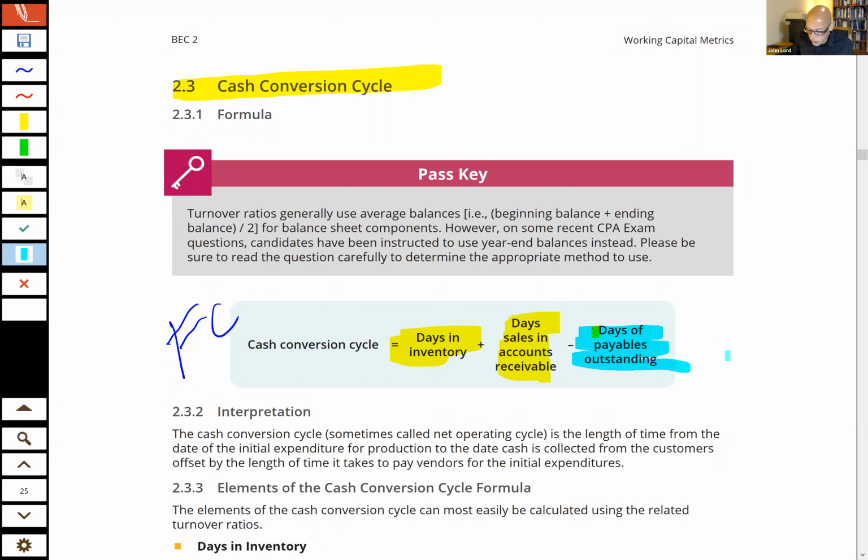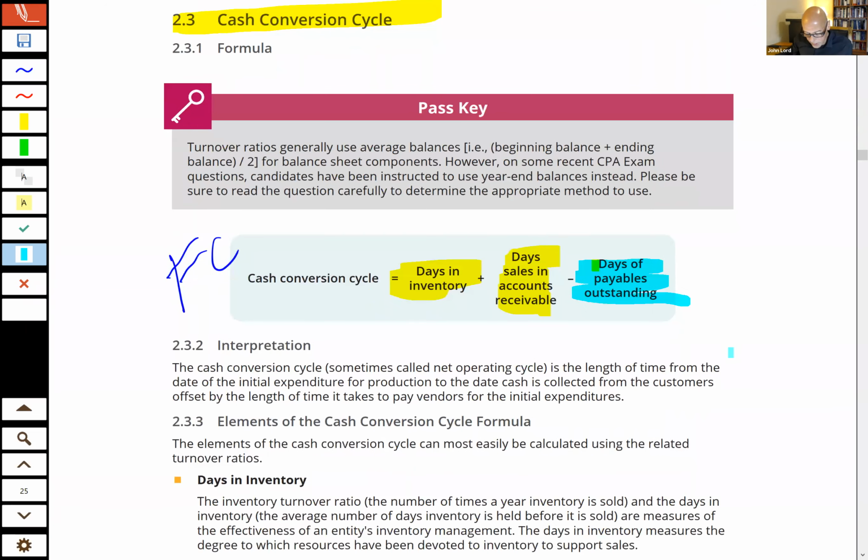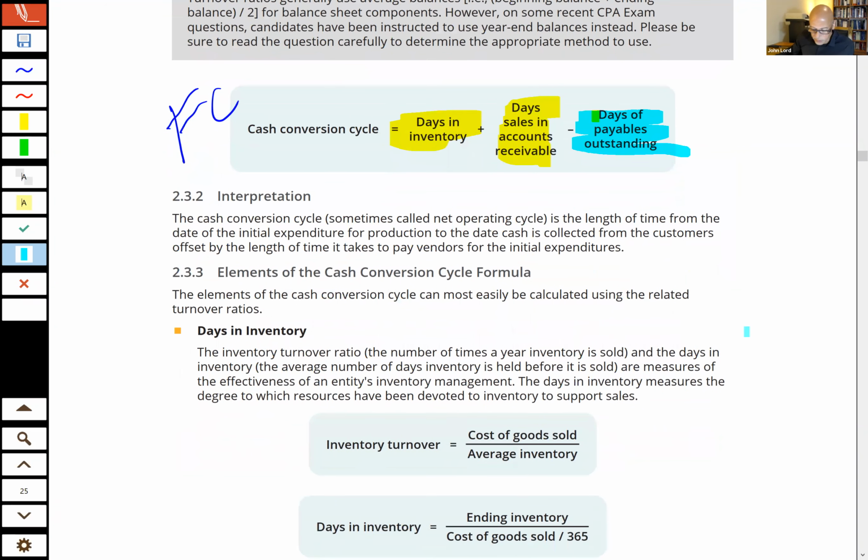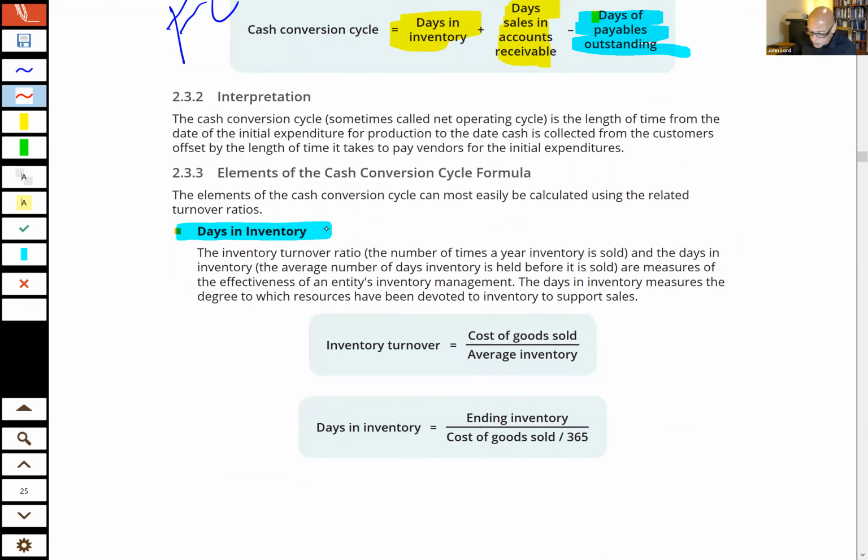Okay, good. So you can go ahead and take a look at how to calculate the various elements of the cash conversion cycle. And we could see that days in inventory is going to be made up of, and we're going to probably have to do two calculations, guys, for these, is the way I tend to look at these, which is the cost of goods sold divided by the average inventory.